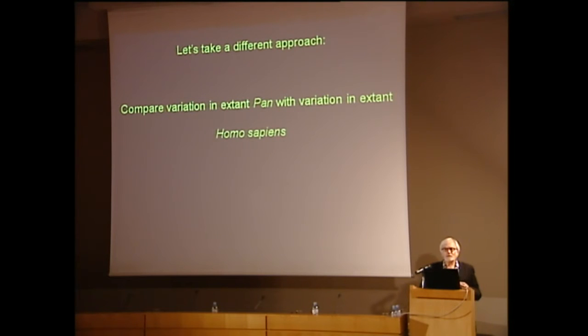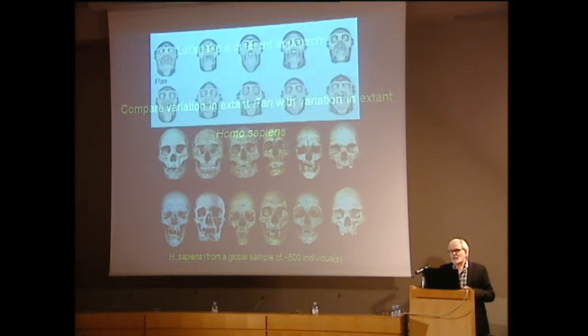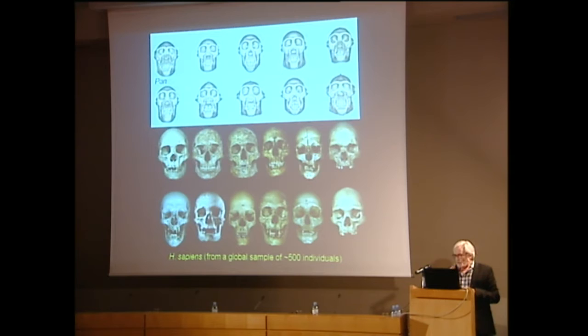So let's look at a different approach and compare Pan with Homo sapiens. And some years ago, I did a detailed study of about 500 extant humans from known localities prior to colonization and so on. And this is just representative of the range of variation which we see in Homo sapiens.